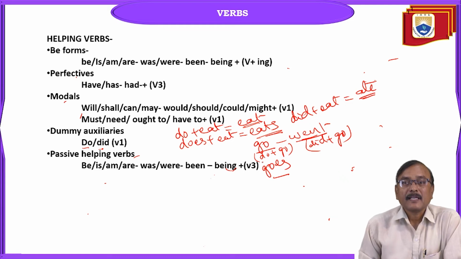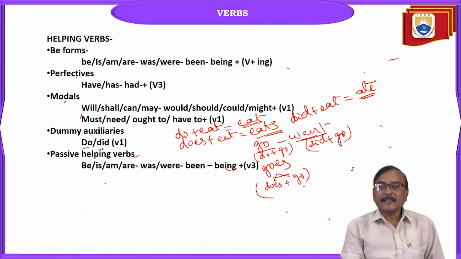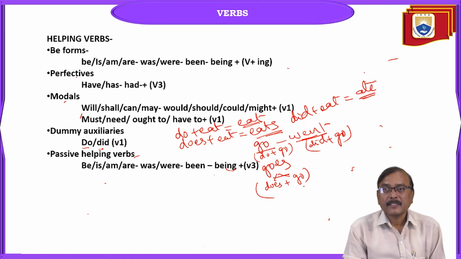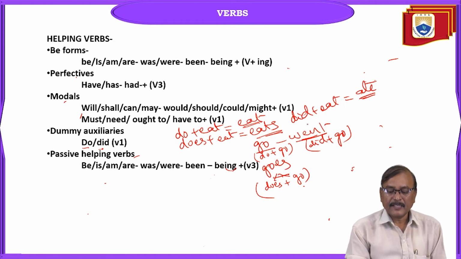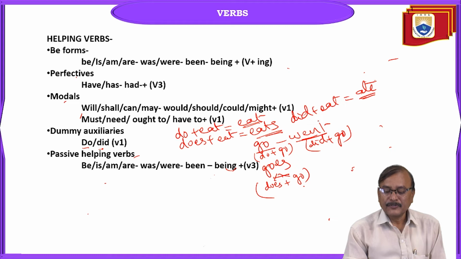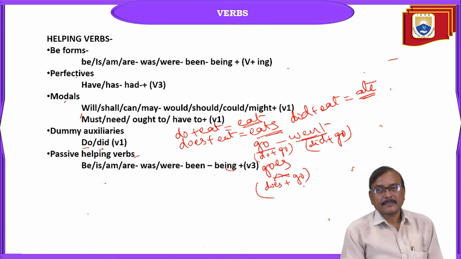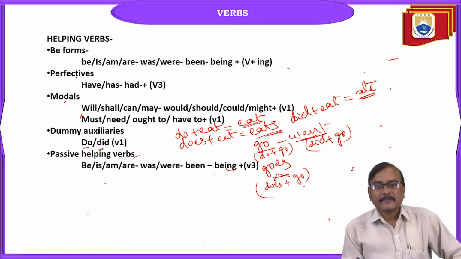In this verb, what is the helping verb? Does plus go. Generally, go is the do form, went is the did form, goes is the does form. In the same way, eat is the do form, ate is the did form, eats is the does form. Like that.